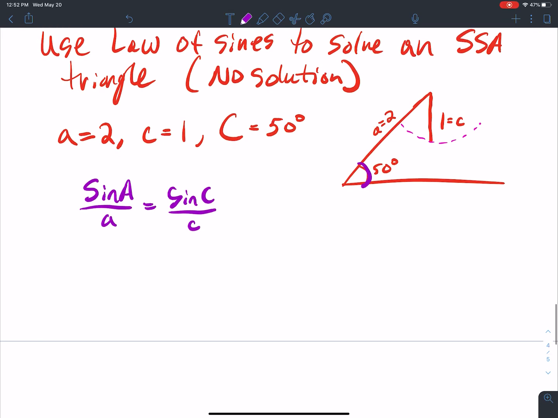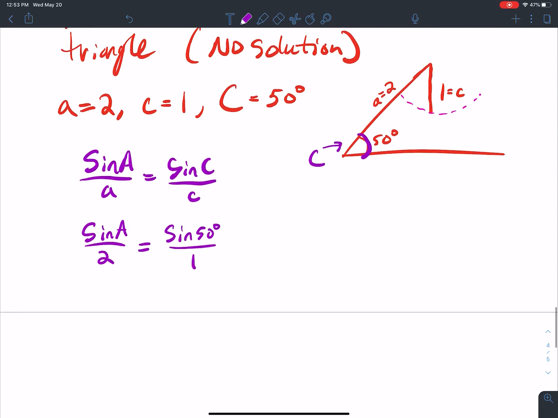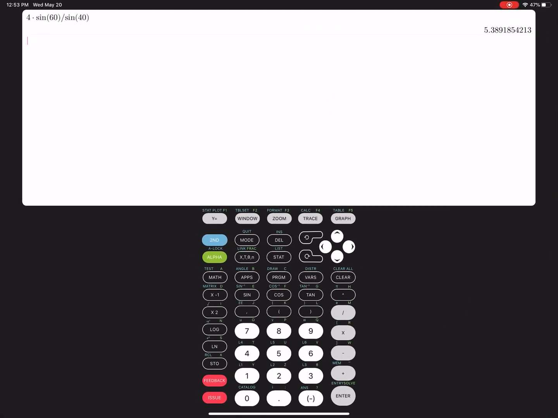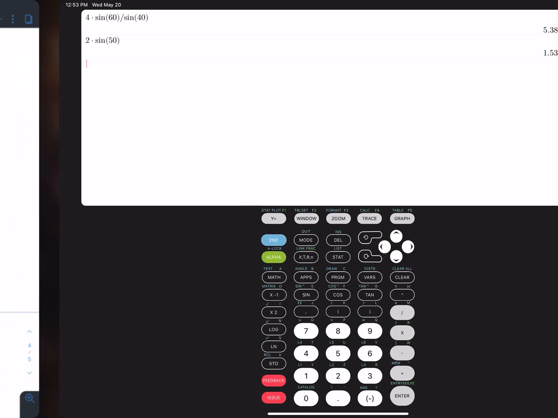And so that would be the sine of A over little a equals the sine of 50 degrees, that's my C, over little c, that's 1. And so that tells me that the sine of A is equal to 2 times the sine of 50 degrees. Now if I type that in my calculator, 2 times the sine of 50, I get 1.53.